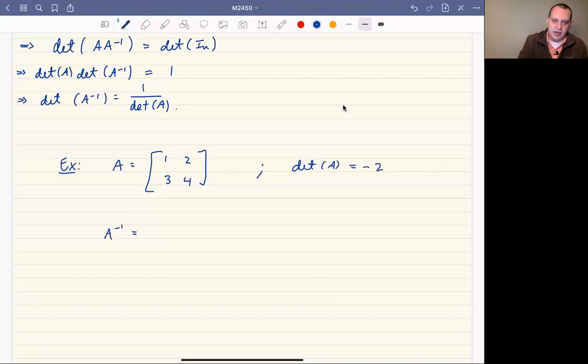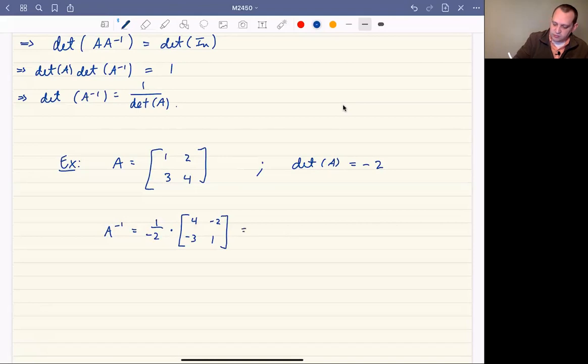And A inverse is going to be 1 over -2 times the matrix where we reverse the roles of 1 and 4, so it'll be 4, 1, and then we make the other terms negative. So this is -1/2 times that matrix.